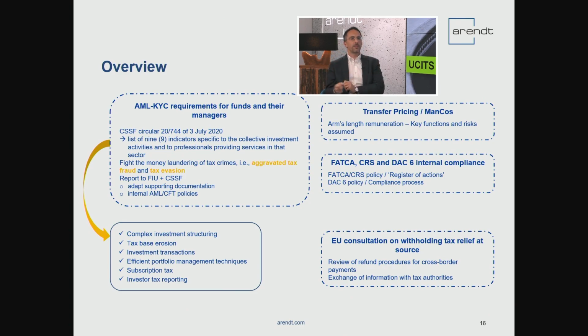That discussion, in particular post-Brexit, more and more comes up also in the UCITS world, where we see that certain functions, activities, and risks are transferred from the UK to Europe, and in particular to Luxembourg. So the Luxembourg manco now assumes more responsibilities, more tasks, and more risks than before.